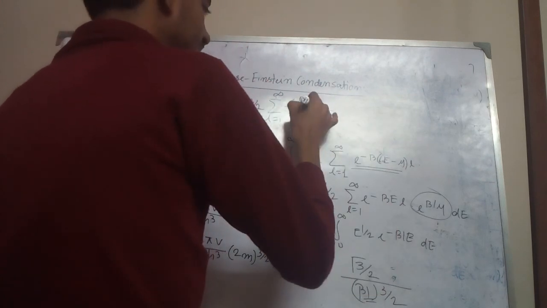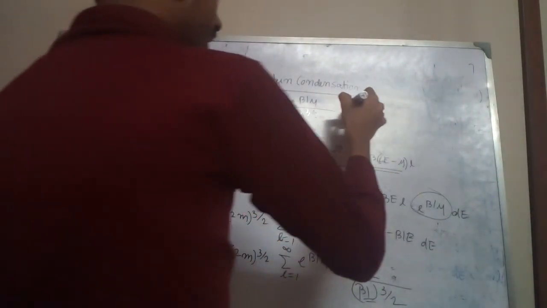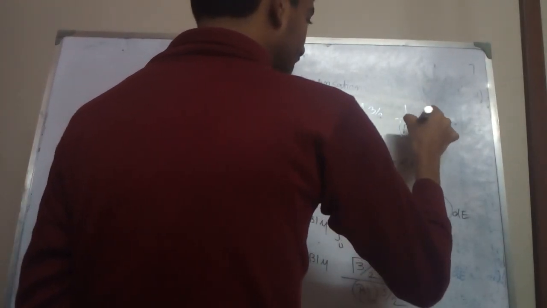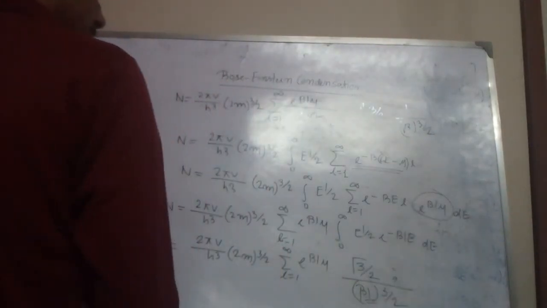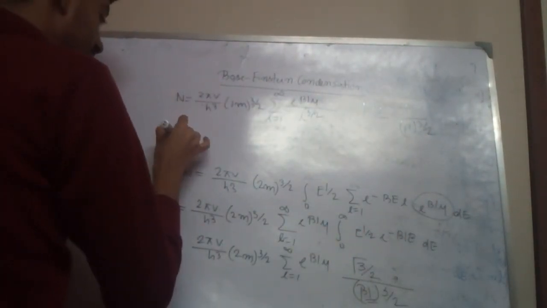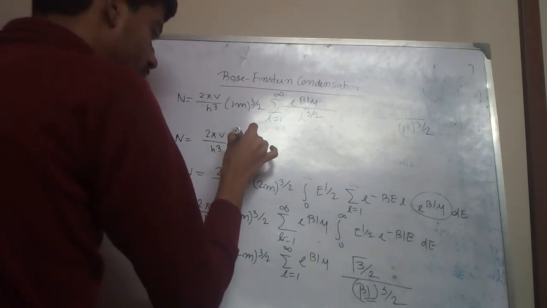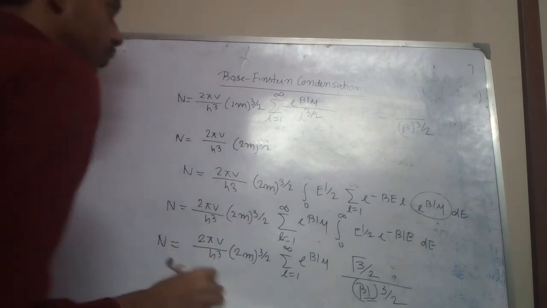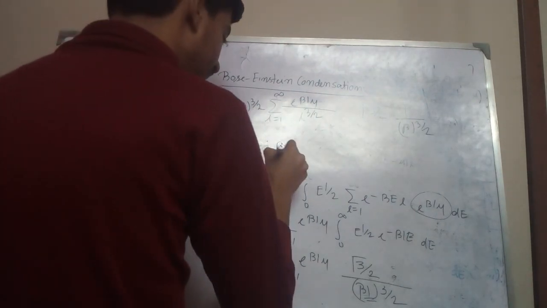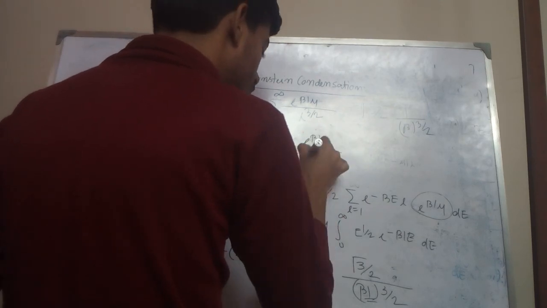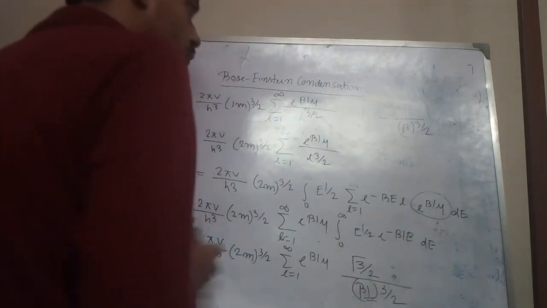We insert this L into this L to the power 3 by 2, and gamma 3 by 2, 1 by beta to the power 3 by 2. So N is 2 pi V by h cubed (2m) to the power 3 by 2, sum from L = 1 to infinity e to the power beta L mu over L to the power 3 by 2.